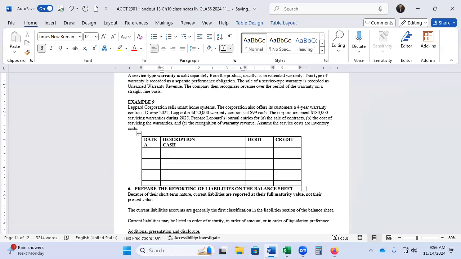We received cash, and we received 20,000 subscriptions times $99, and so that's 1,980,000. And we have not earned that warranty revenue yet, so this is going to be unearned warranty revenue for 1,980,000. And that's how our transaction would look for the first one.